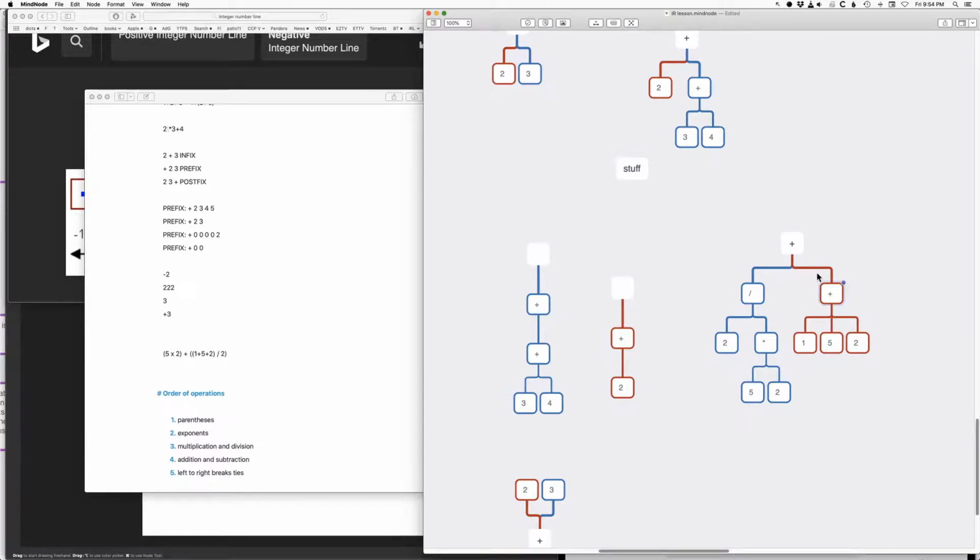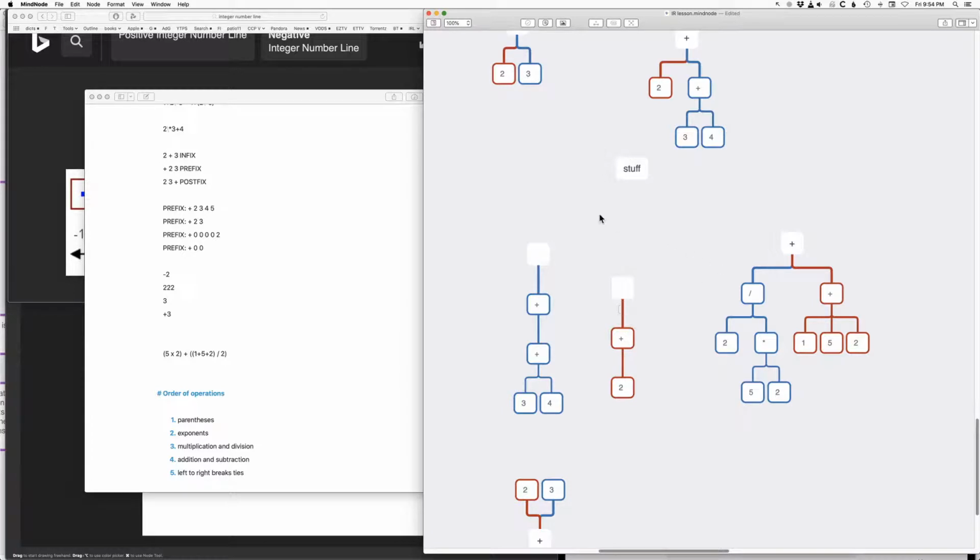And now I have another tree, and this is a valid tree. You can tell it's a valid tree because every leaf node is a number, and all the other nodes are operators. So every operator has numbers to operate on, and none of the numbers have something under them that is supposed to do something.